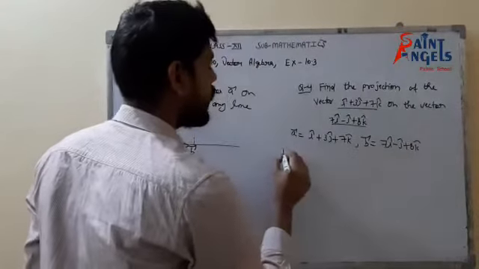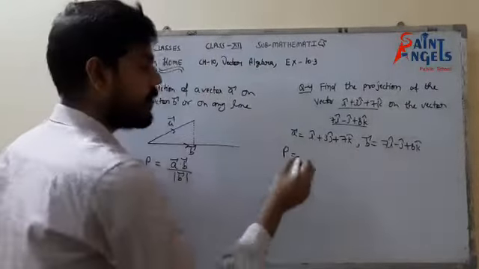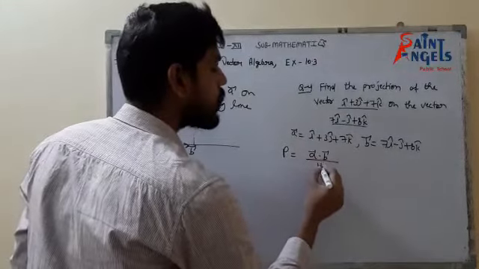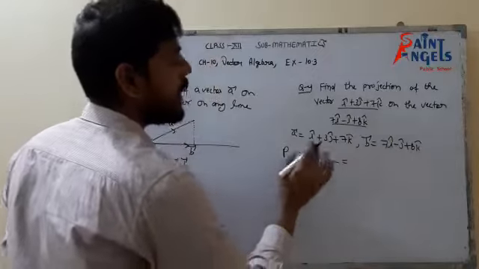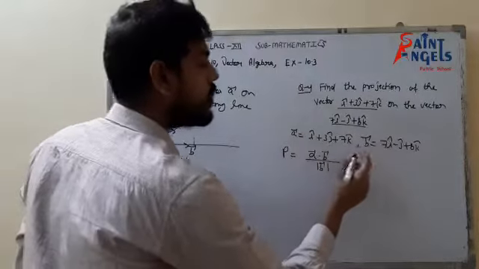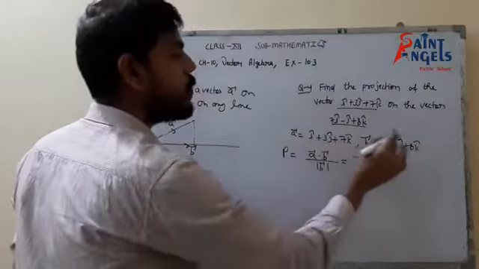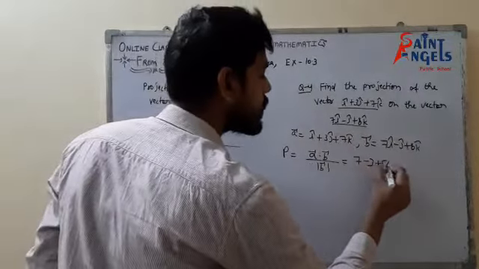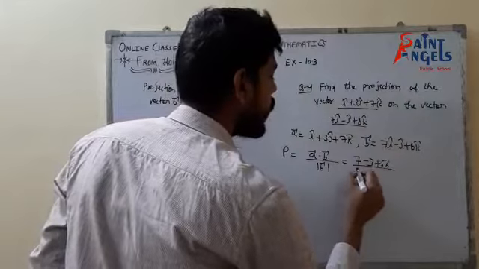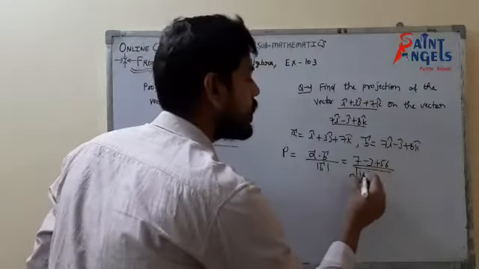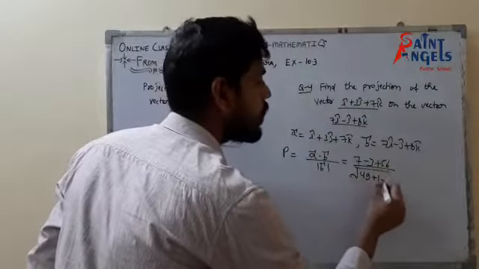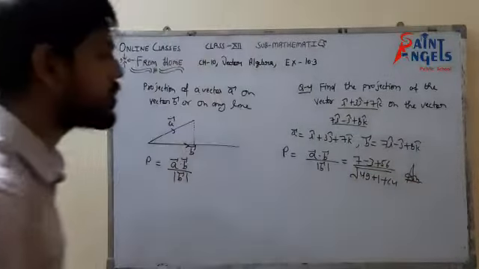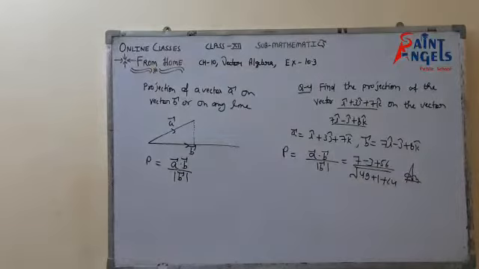Now I have to find the projection of vector A on vector B. That would be A vector dot B vector upon modulus of vector B. So A dot B is 1 into 7, 7, 3 into minus 1, minus 3, 7 into 8, 56, upon magnitude of vector B. That would be 49 plus 1 plus 64. Just solve it and you'll get the answer. Please pause the video and note it down.